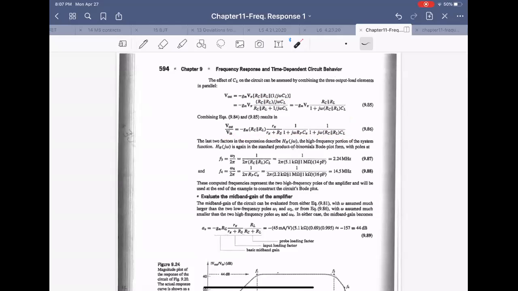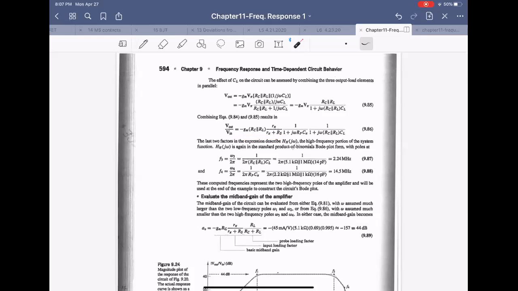So try to make the denominator 1 plus j omega, something like that, this by C pi, this by CL. Again, this is minus GM times RC parallel RL, over R pi plus RS, since we have RS on the input side. This is the same as for the low frequency case.